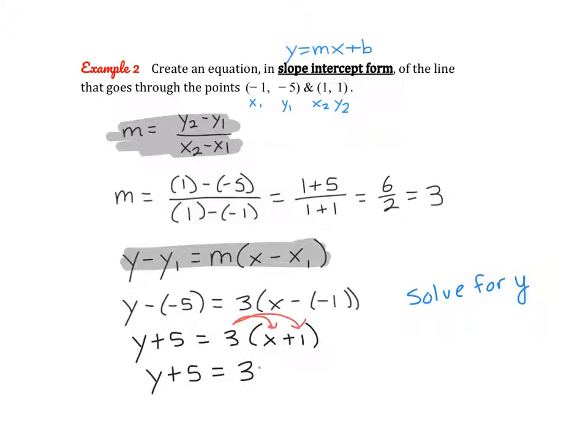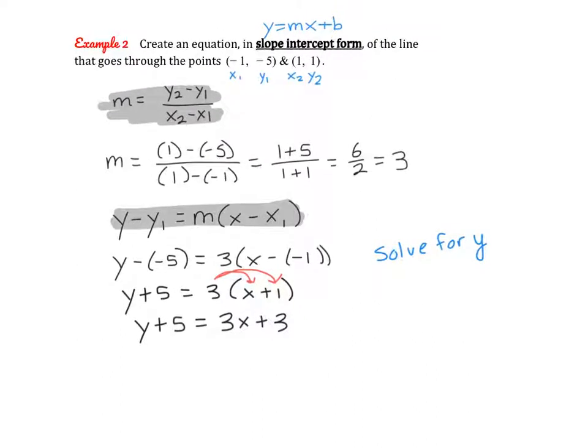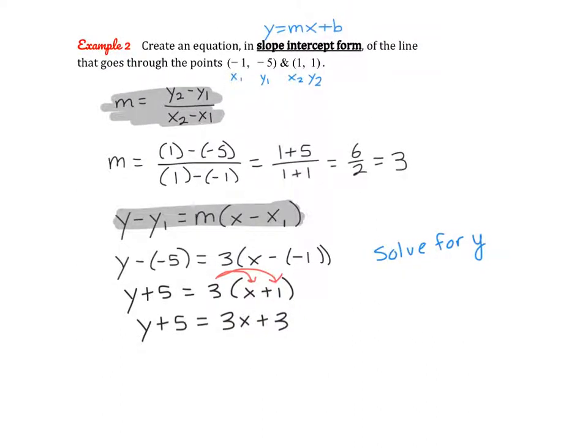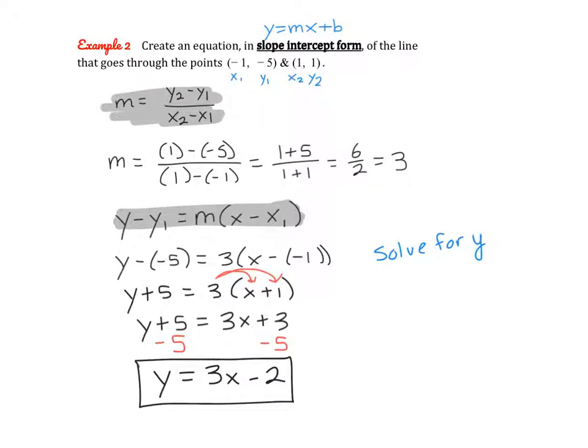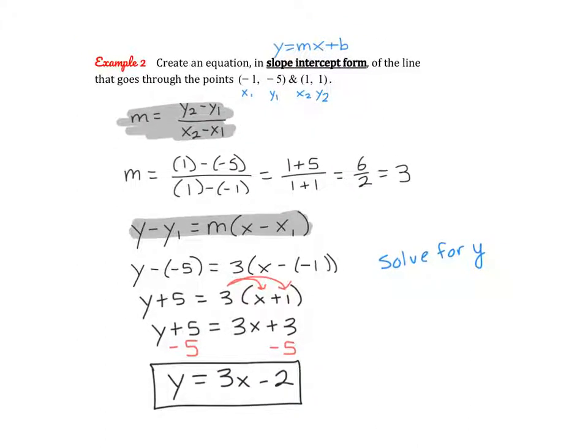So 3 times x is 3x. 3 times positive 1 is positive 3. And as my last and final step, I'm going to subtract 5 from both sides to isolate y. And I get 3x minus 2. So this is my equation in slope-intercept form.